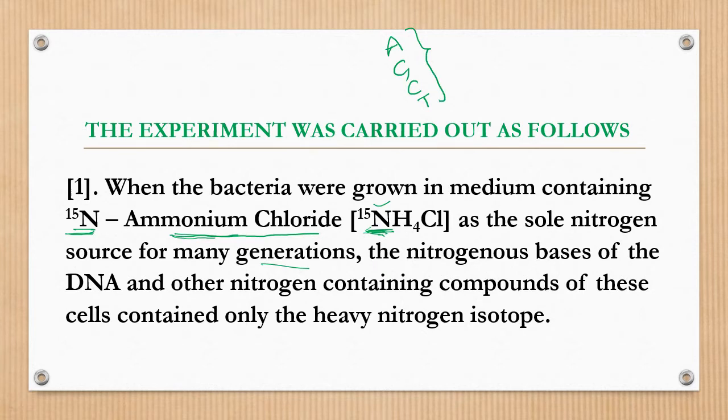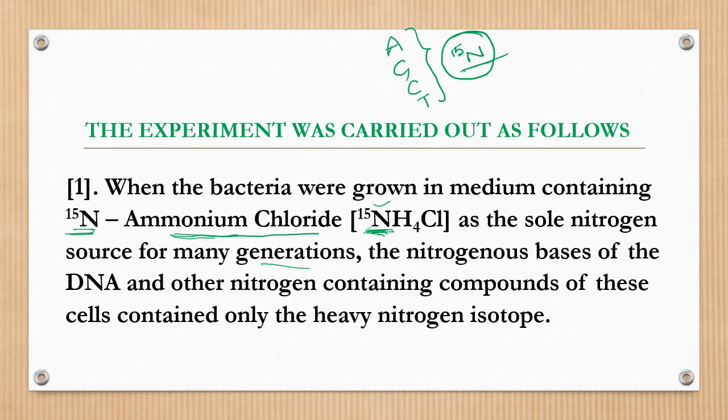Here the only source of nitrogen is N15, for several generations. I am saying not several years, several generations. Bacteria complete their life cycle or division within an hour, so for several generations they continue in the same medium.